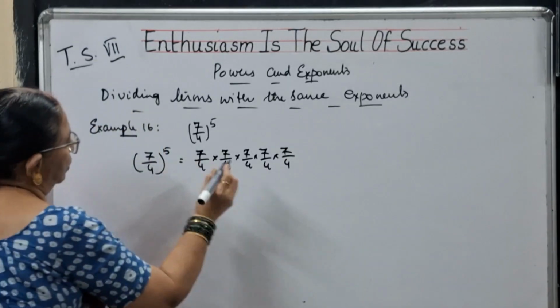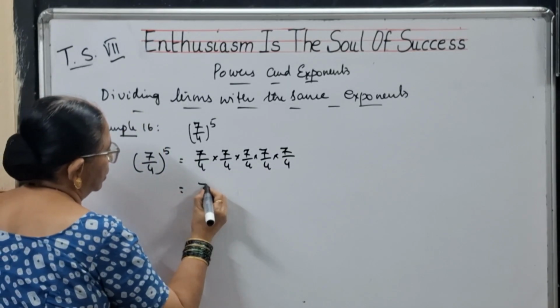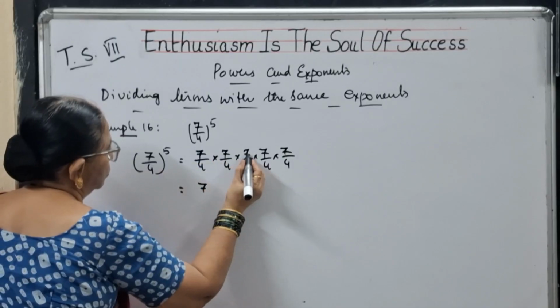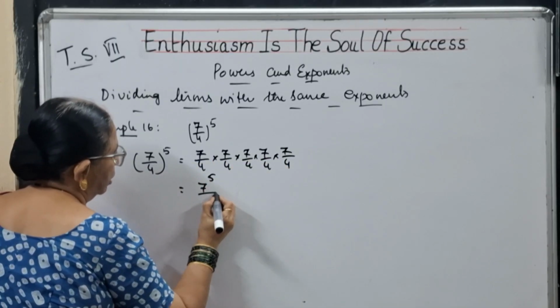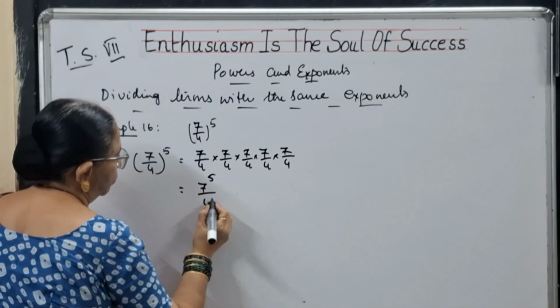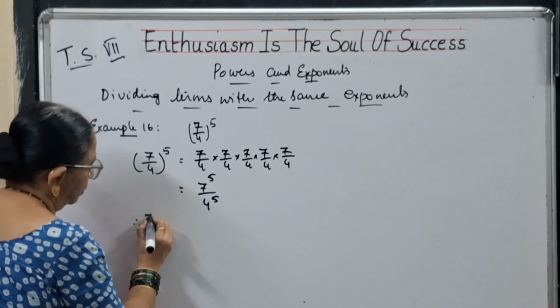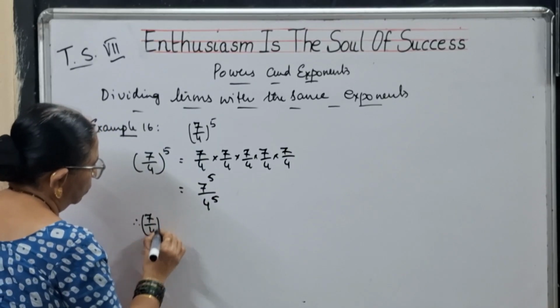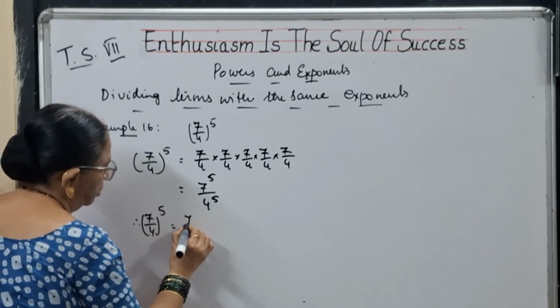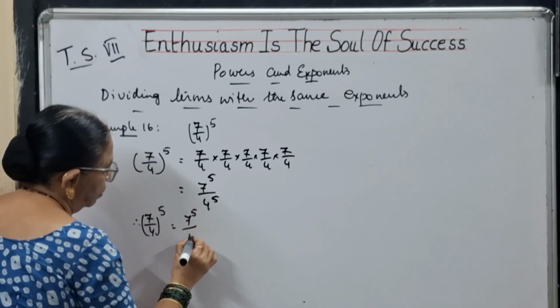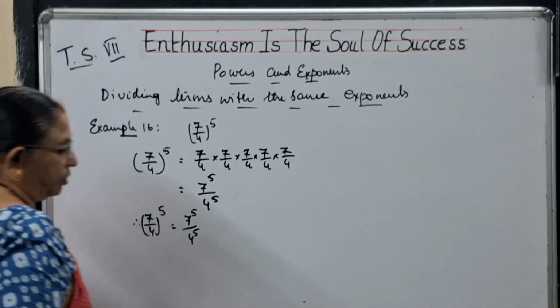How many times? 5 times. This means 7 how many times? 1, 2, 3, 4, 5 times. By 4 also 1, 2, 3, 4, 5 times. Therefore, 7 by 4 whole to the power of 5 can be written as 7 to the power of 5 by 4 to the power of 5.